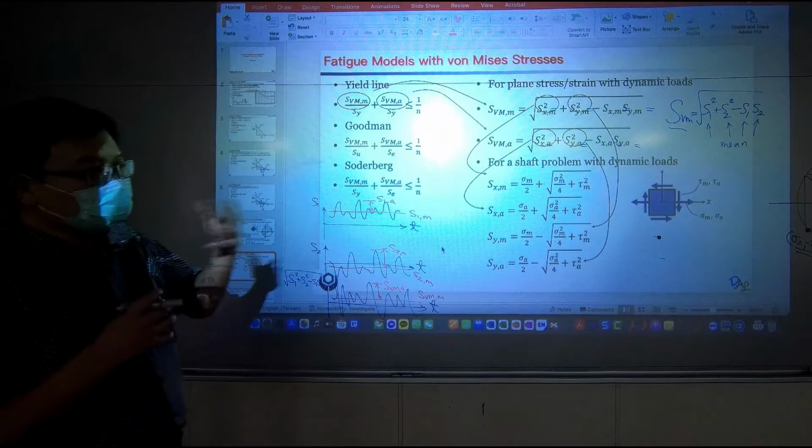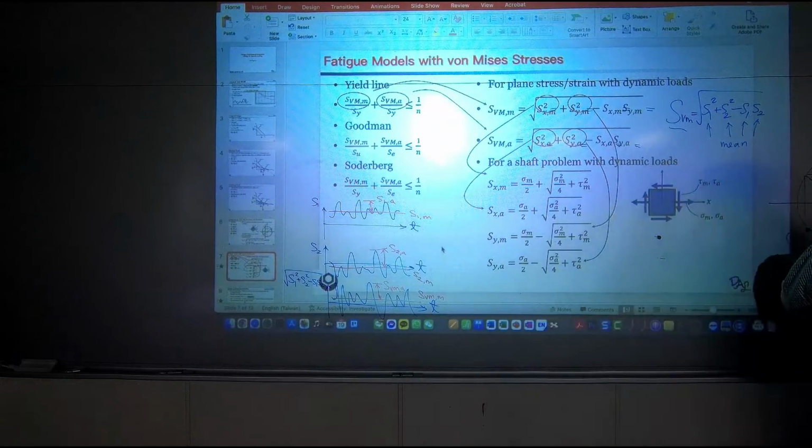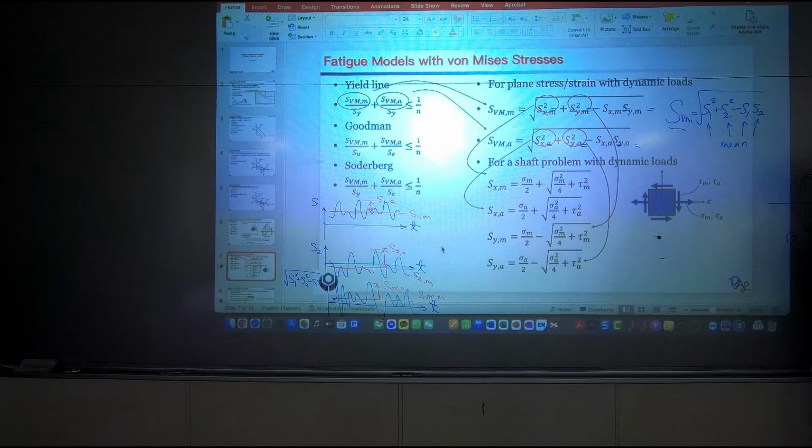Okay, so when we say some value is varying, for example, this one, sigma 1 is actually a value changing like this. You calculate its mean, and you calculate its amplitude.